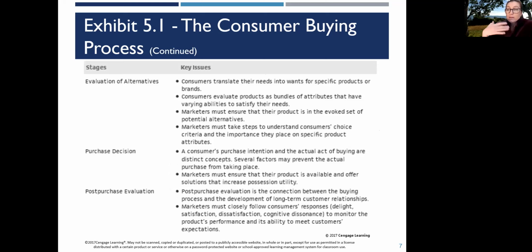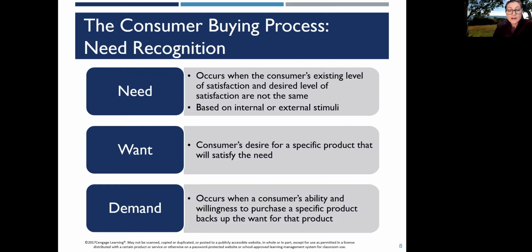And when the decision is more highly involved, such as buying a house or maybe a high-tech product, then maybe there'll be a more comprehensive consideration of the alternatives. Once we recognize the alternatives and evaluate the alternatives, then we make the purchase decision. And then after the purchase decision, there may well be an evaluative process after that.